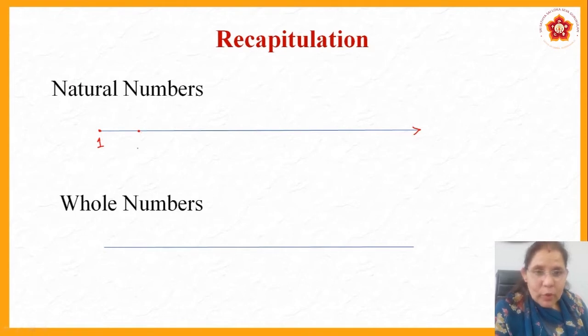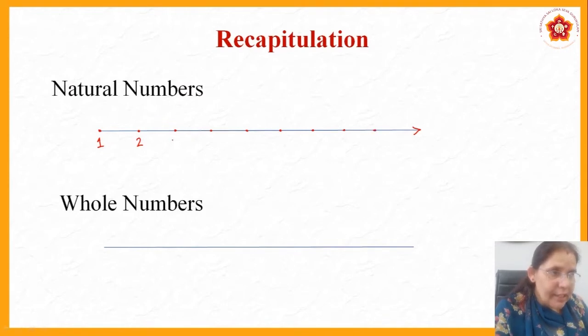Initial point we have marked 1. The next point will be 2. Now whatever is the distance between these 2 points, 1 and 2, same should be the distance that you will be marking on the number line. Use pencil and scale to draw the line, and to mark the points also, please use the measuring scale.